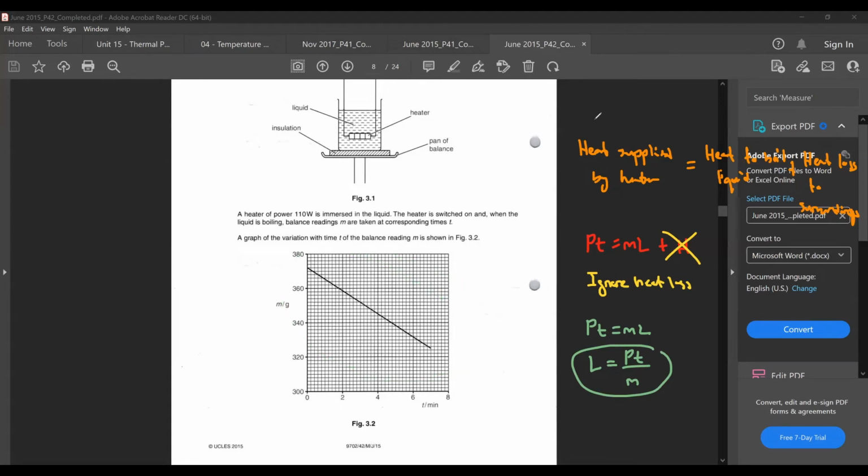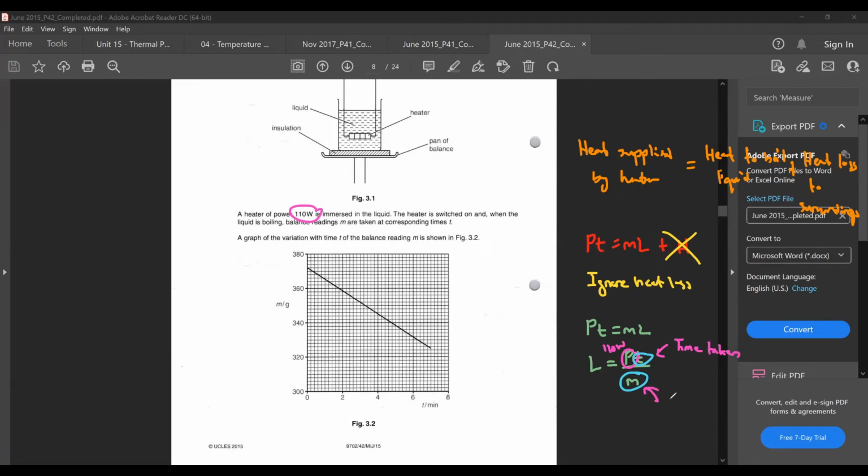Okay. Now, what do I mean by this is that, do you know the value of the power in the first place? Power here is 110. And then the values of your t and your m, you can actually find from your graph. So your t here is actually the time taken.